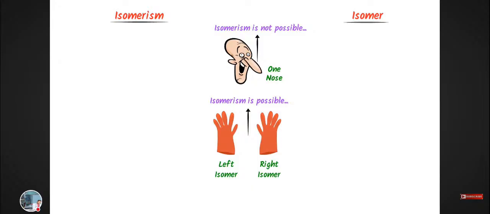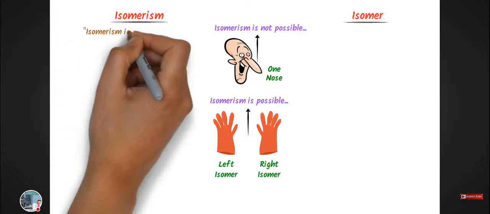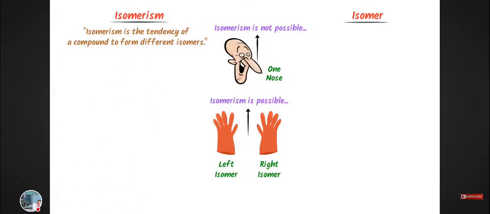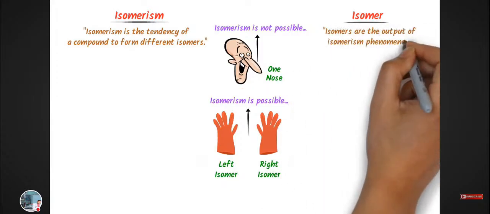Therefore, personally, I say that isomerism is the tendency, the ability of any compound to form different compounds having different structures. For example, our hands have the tendency to form two compounds having different structure, while isomers are the outputs of isomerism.